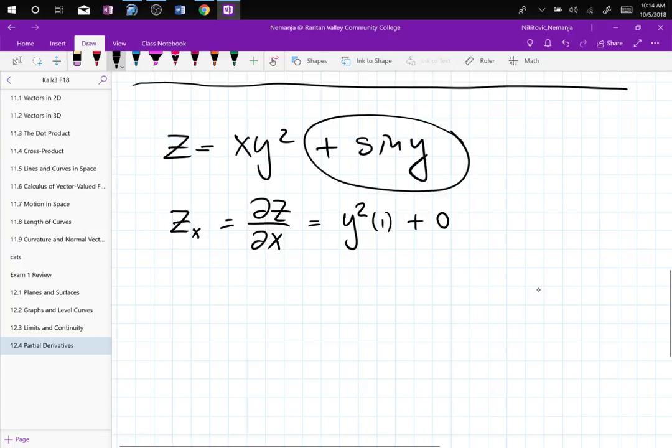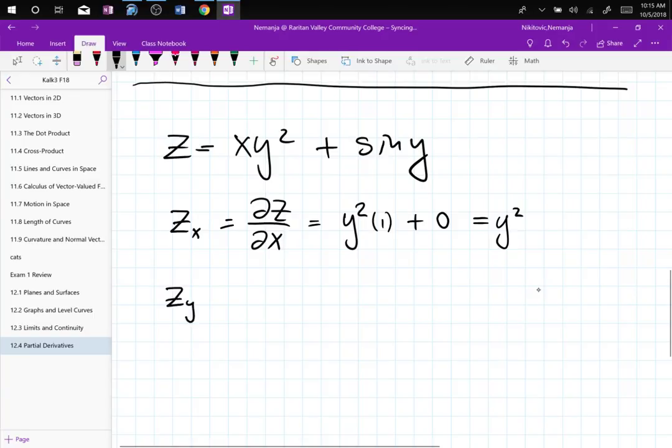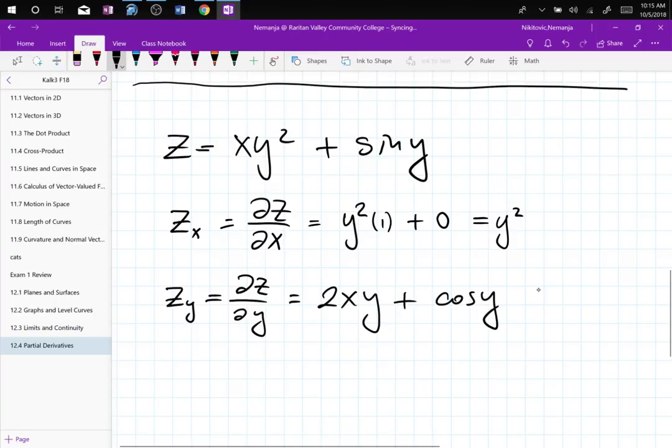If the whole thing is constant, the derivative of a constant is 0. So the entire partial derivative in respect to x is just y squared. Now this all changes for the partial derivative in respect to y, which is partial z, partial y. Now x is a constant, and the derivative of y squared is 2y. So we have 2xy plus cosine y.